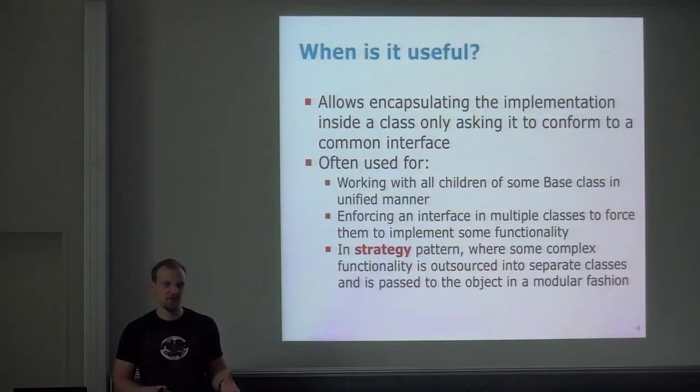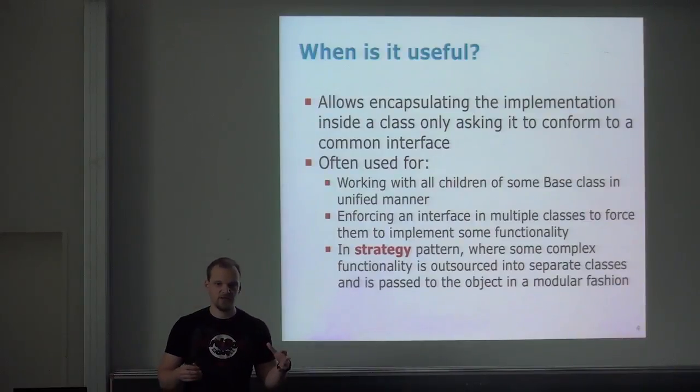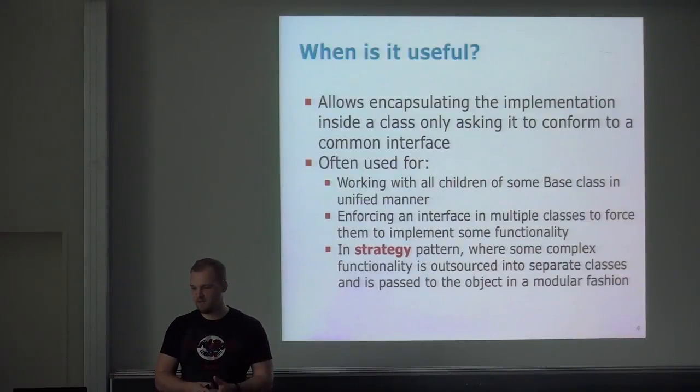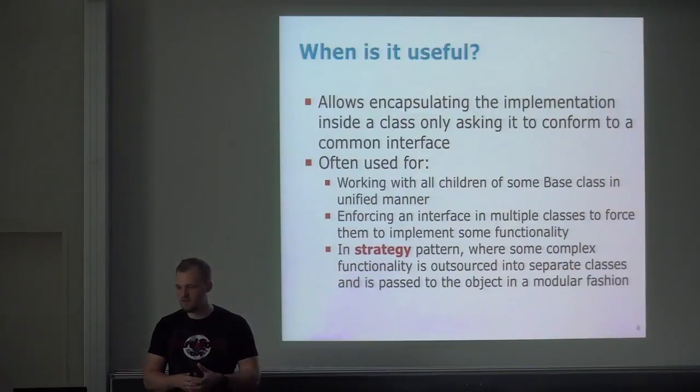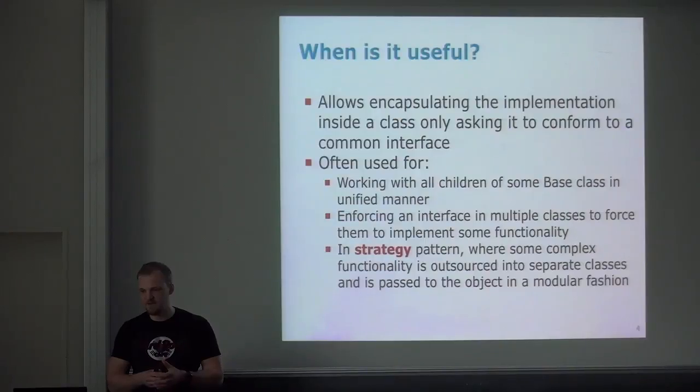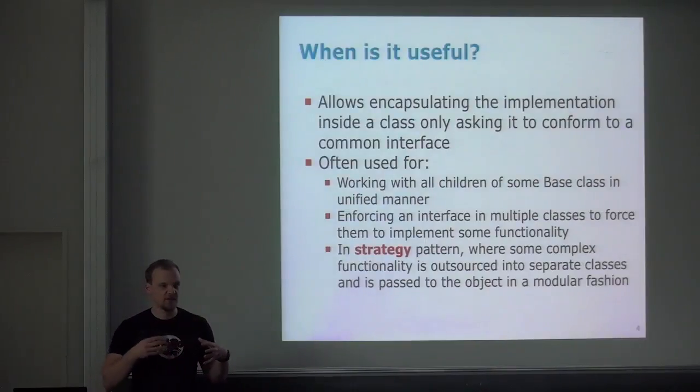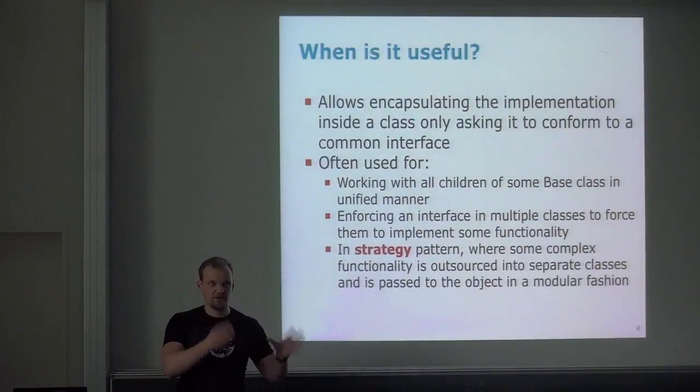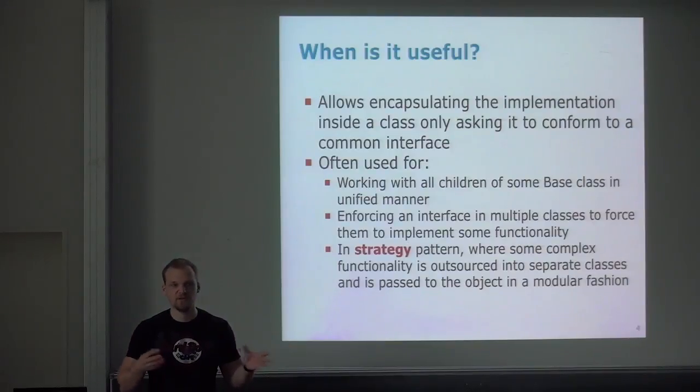And there is the strategy pattern, which we will look at in depth, and also it is the pattern that you will need to implement in the homework eventually. This strategy pattern is needed to outsource behavior. So let's say your class has some complex behavior. For example, your image class wants to save this image to disk, right?